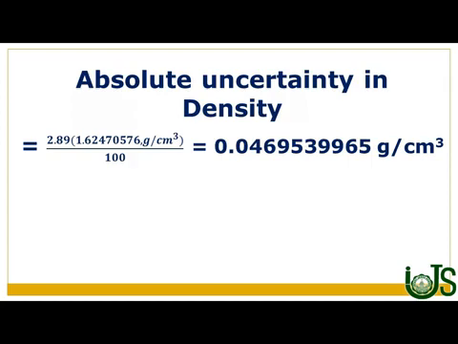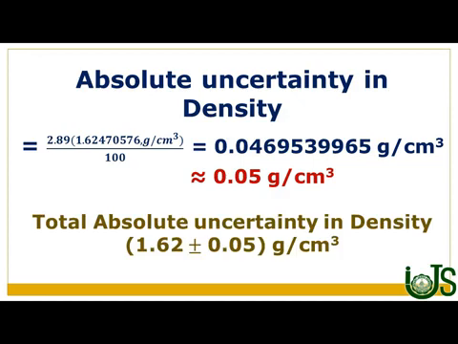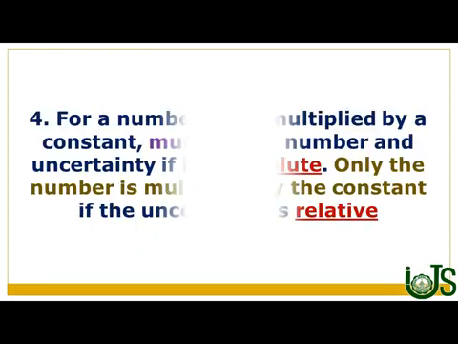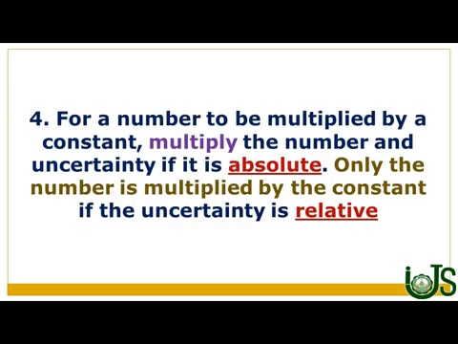Your absolute uncertainty will be 0.04695539965 grams per centimeter cubed, or approximately 0.05 grams per centimeter cubed. So your total absolute uncertainty in density, following the number of significant figures, will be 1.62 ± 0.05 grams per centimeter cubed.